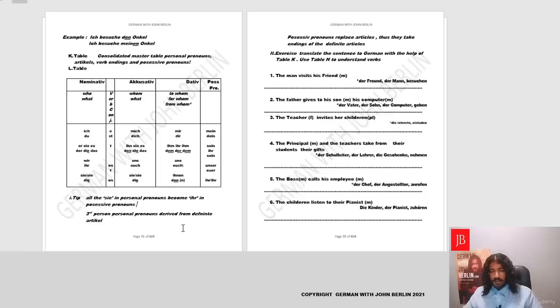With the help of these possessive pronouns, we'll be able to create any sentence on the right. And a quick note: if you look at the possessive pronouns here, mein, dein, sein, sein, unser, euer, ihr, you'll see there are too many ears for one to remember.